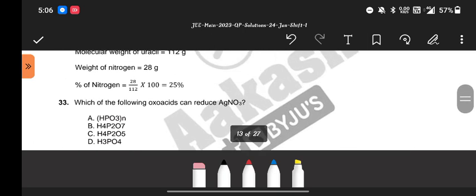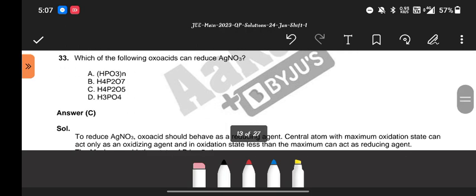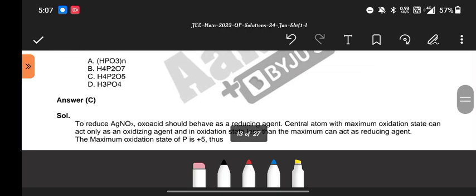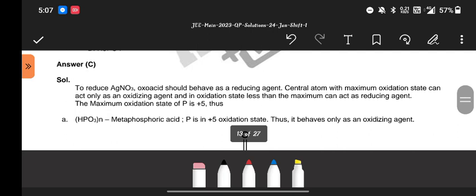Next, that is the third question: which of the following oxoacids can reduce AgNO3? Oxoacids: HPO3, H4P2O7, H4P2O5, H3PO4. So to reduce AgNO3, the oxoacid should behave as a reducing agent. A central atom with maximum oxidation state can act only as an oxidizing agent, and in an oxidation state less than the maximum it can act as a reducing agent.